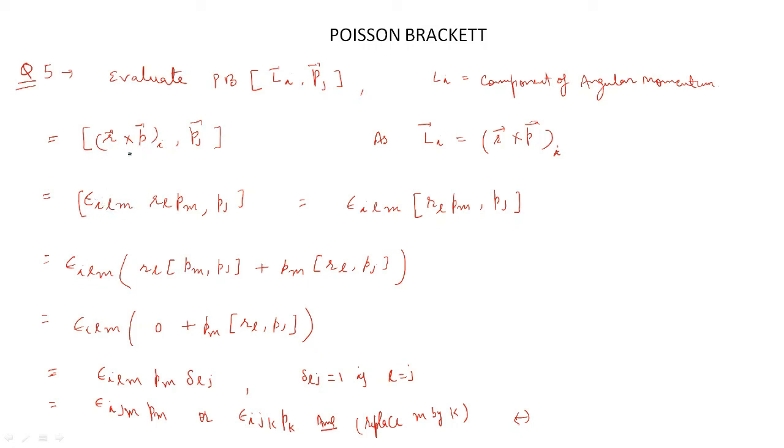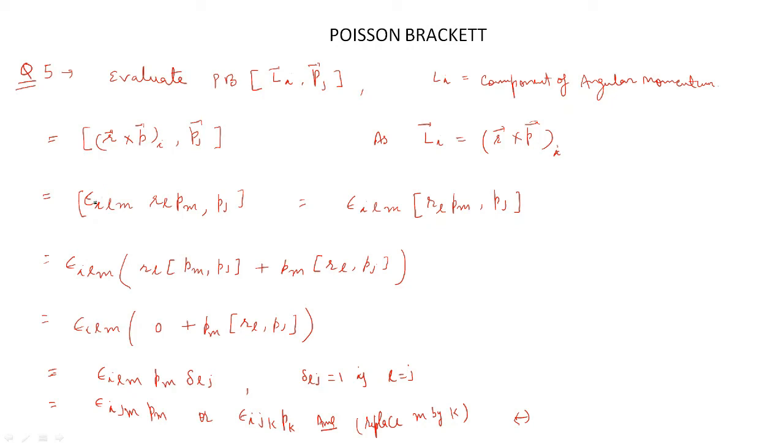Now I will write (R×P) with index i as epsilon_ilm R_l P_m. It is like (A×B)_i is equal to epsilon_ijk A_j B_k, so we are replacing j by l and k by m.